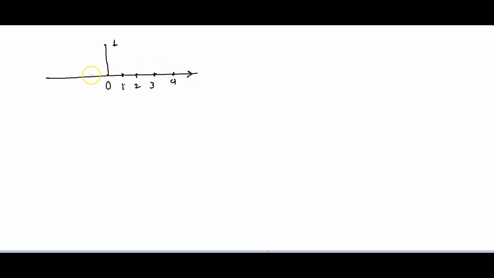And on the negative side it is 0 as well: negative 1, negative 2, negative 3, 0. So this is a delta function, or unit sample sequence.